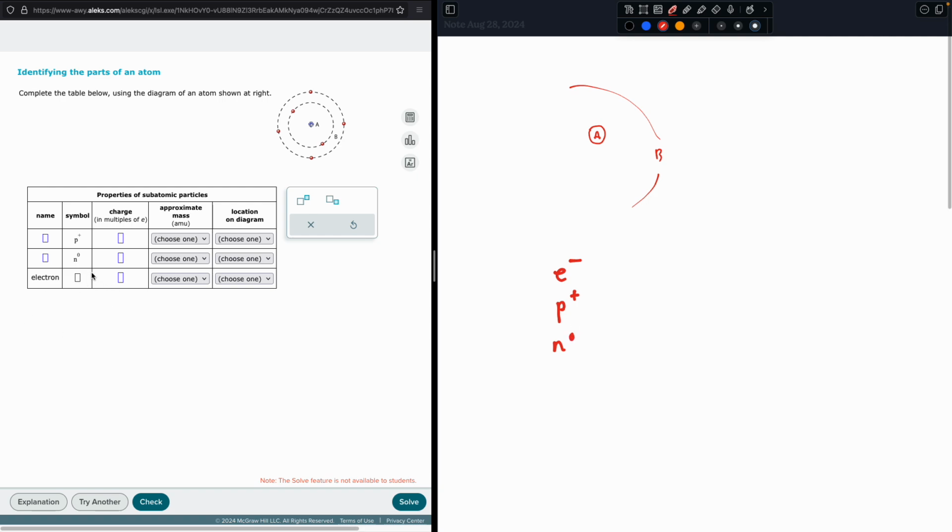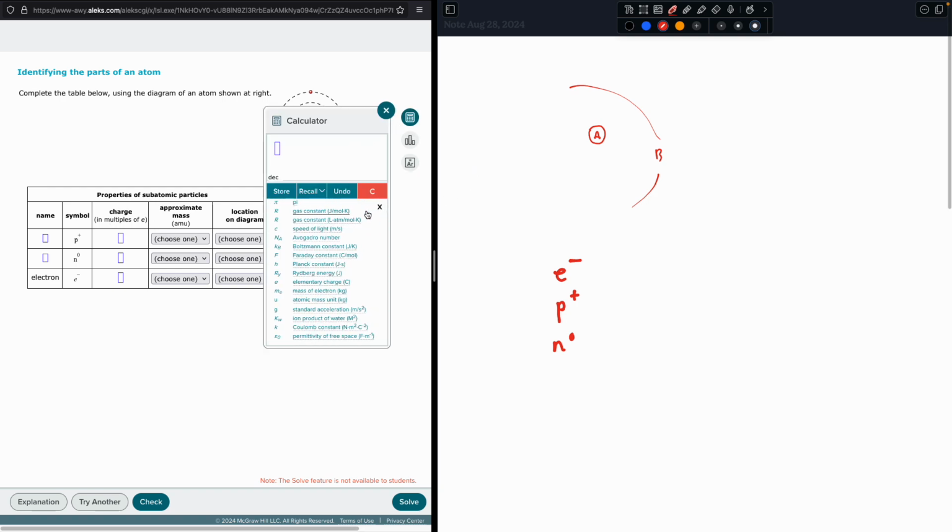I'm going to click on this over here now, and I'm going to say this one here is E superscript minus. And what's the charge on an electron, in terms of multiples of E? Look at this, this is cool. In our calculator, we've got the elementary charge somewhere here.